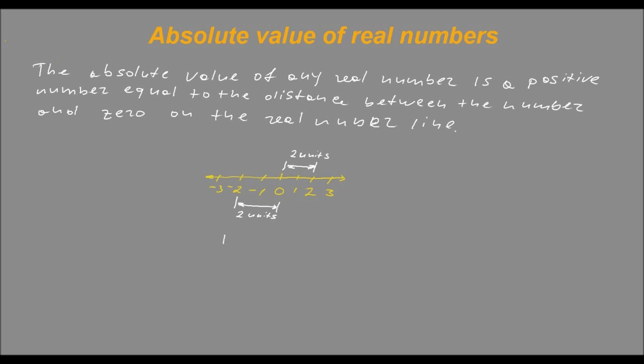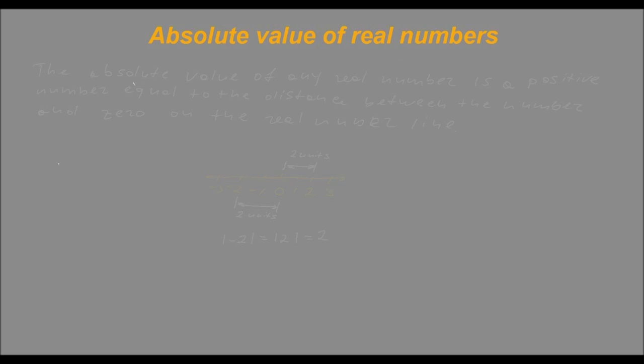It means that the absolute value of -2 equals the absolute value of 2, which by definition is a positive number, equals 2. And for absolute value, we put those straight brackets, and this is how we know it's absolute value. So we defined the absolute value.